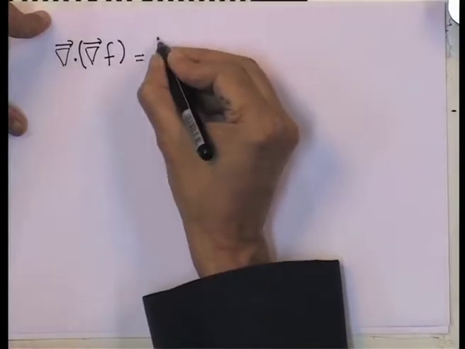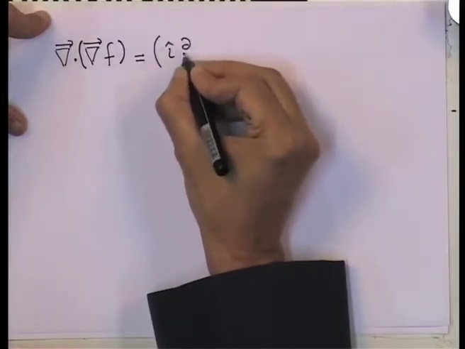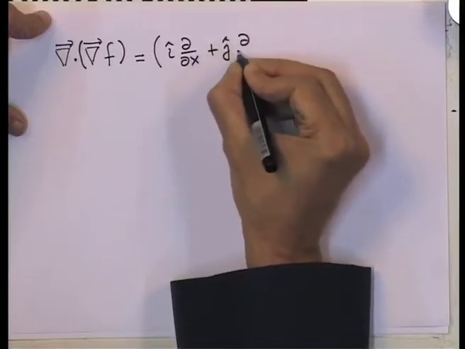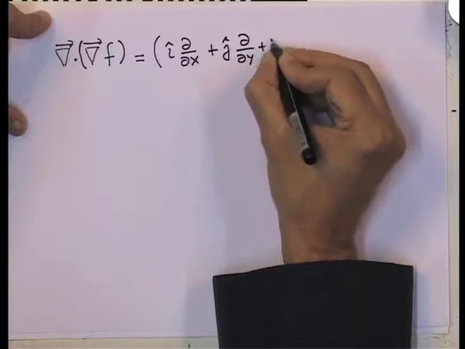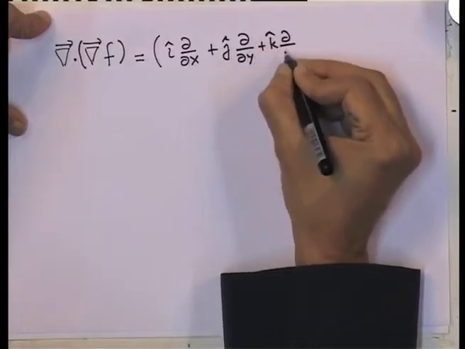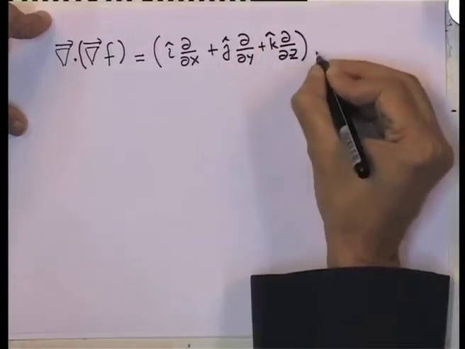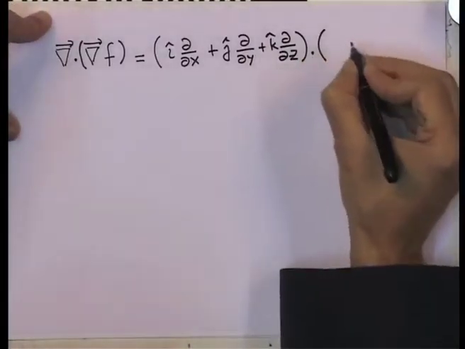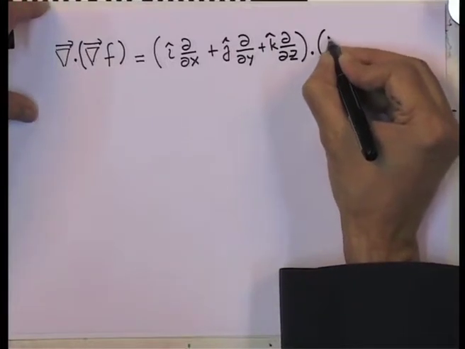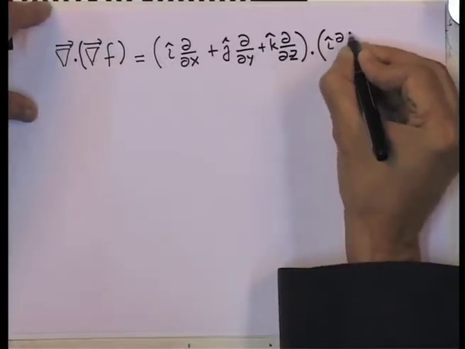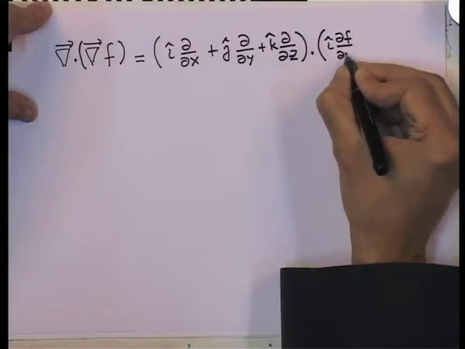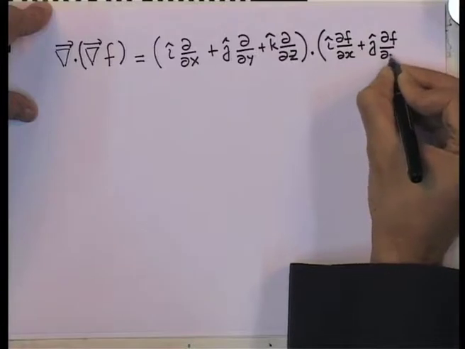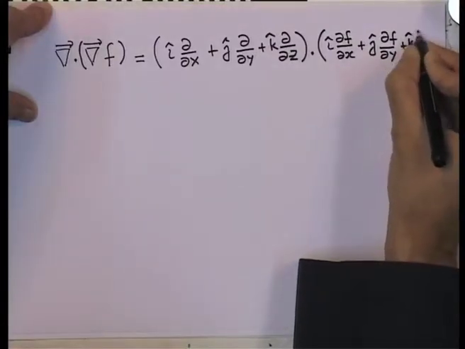So, let us write down the Cartesian expression for each one of them: i d by dx plus j d by dy plus k d by dz, dotted with, we have seen the expression for the gradient, and that is yet another vector, which is i df by dx plus j df by dy plus k df by dz.